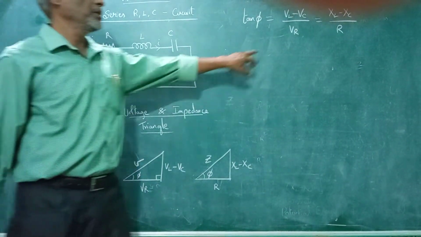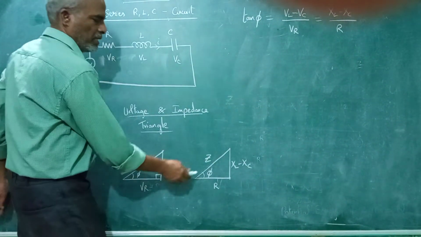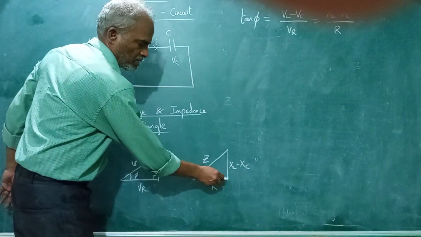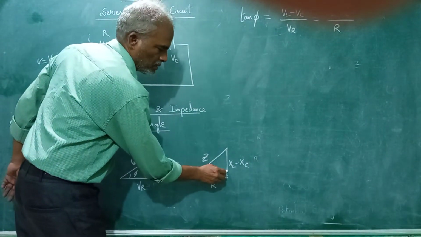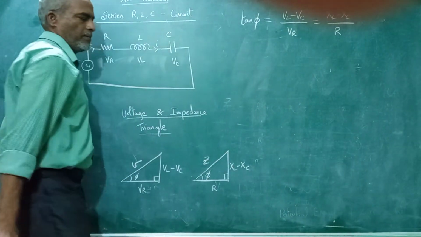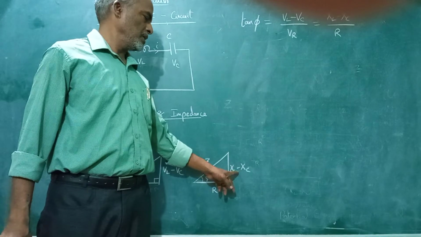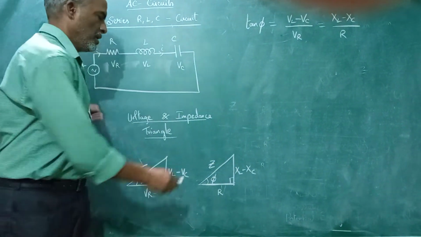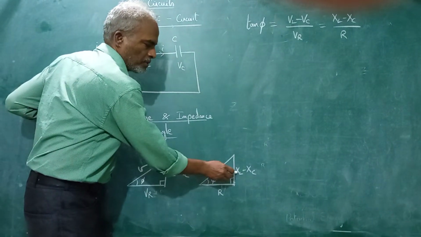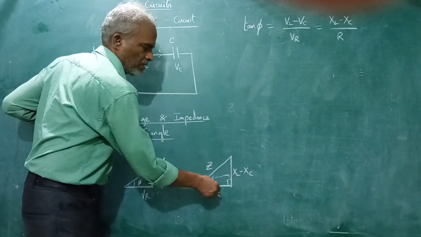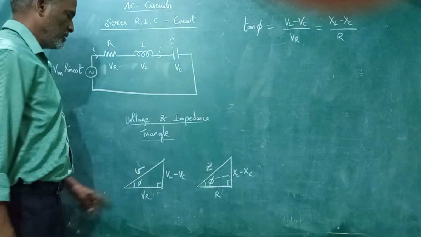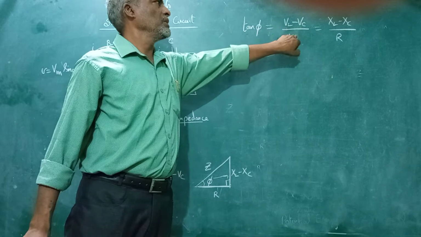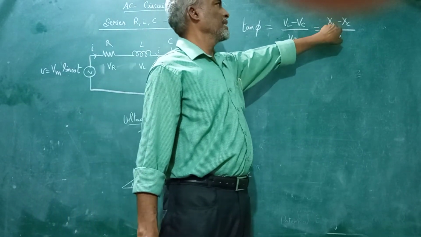If you consider the impedance triangle, the hypotenuse is Z, this is R, and this is XL minus XC, that is inductive reactance minus capacitive reactance. This is called the impedance triangle. Here again tan phi is the opposite side, XL minus XC, divided by R. So in both cases phi is the same. Therefore tan phi is equal to VL minus VC divided by VR, which is equal to XL minus XC divided by R.